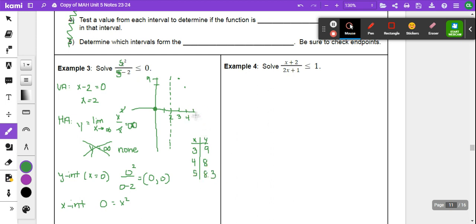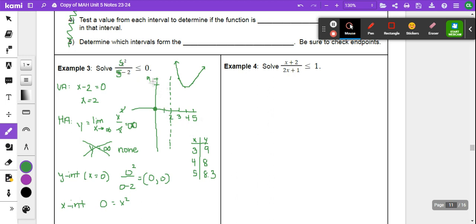So what's happened is it started rising again. And to be honest, it doesn't really matter, because what I know is this graph is never going to touch the x-axis again. And I know that because if it did, I would have had another intercept over here, and I don't.